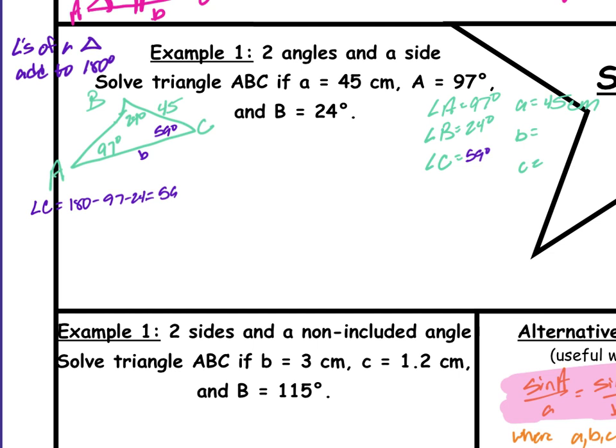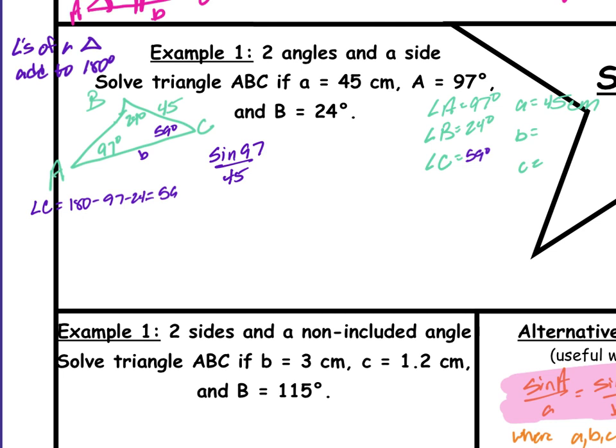For me, when I'm doing this, I always like the sine to be on top. I know it doesn't matter, maybe that's just how I learned it. So sine of 97 over 45.